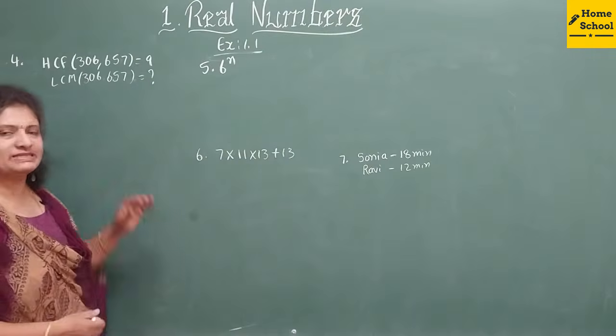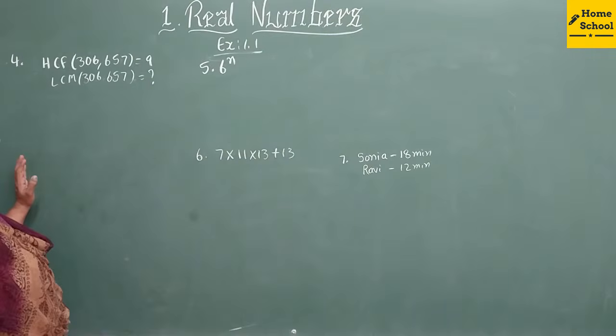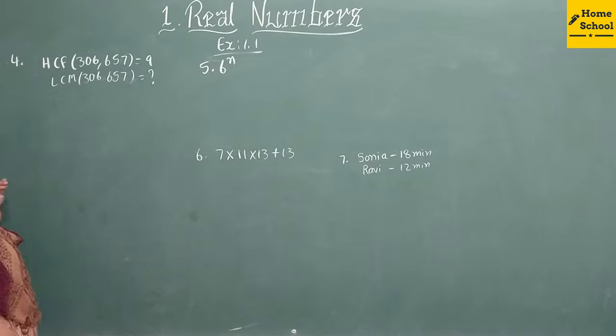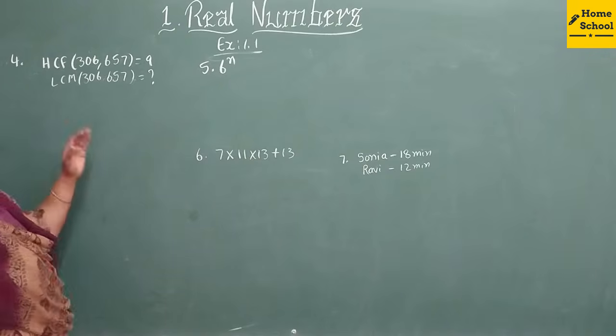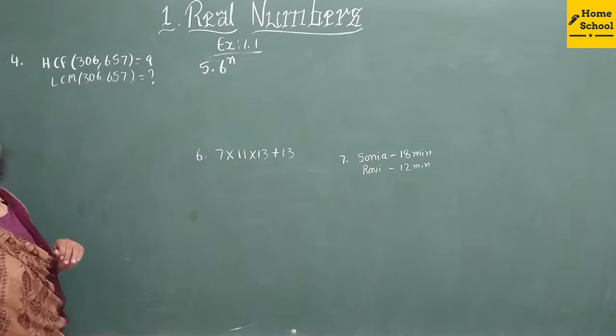Fourth problem, this is an important problem in this exercise. Given HCF of 306, 657 is 9. Find LCM of 306, 657.